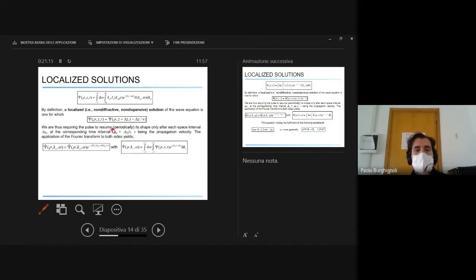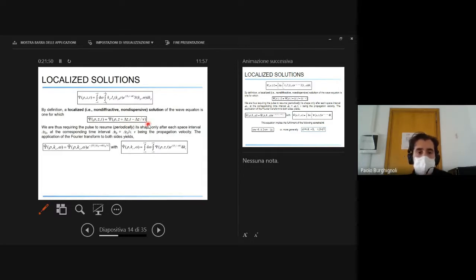So let's try to define what a non-diffractive and non-dispersive property could mean for a general solution of this integral relation up here. We can say that in order to have a non-diffractive and non-dispersive property of this generic solution, we want the wave solutions to be invariant under translation when a certain time has passed.